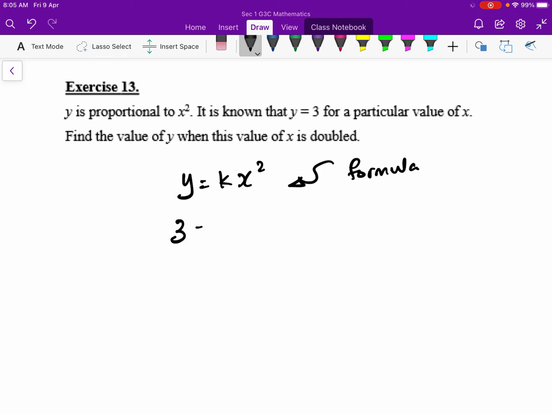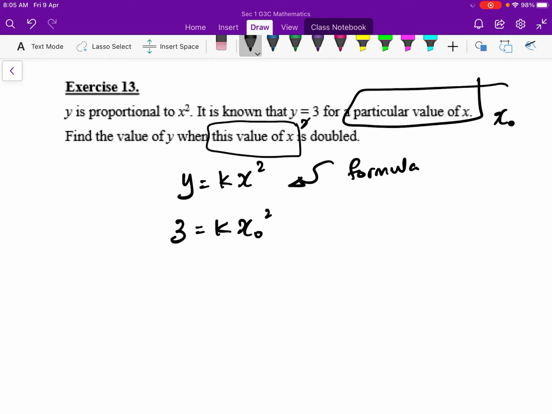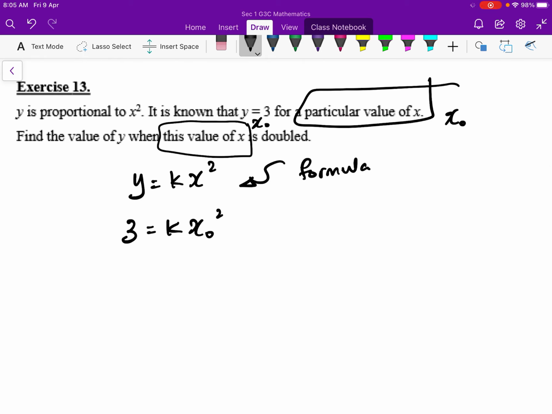Okay, 3 equals k for a particular value of x. Again, a particular value of x, we're going to call it x0, the original. So x0 power 2. Find the value of y when this value, they are talking about our x0, is now doubled. In other words, they are telling us that x new equals 2 x0.